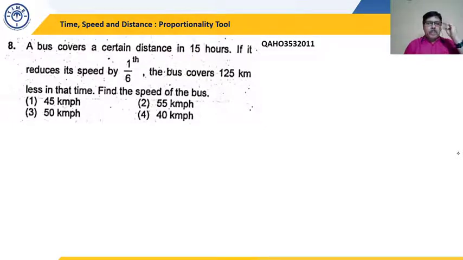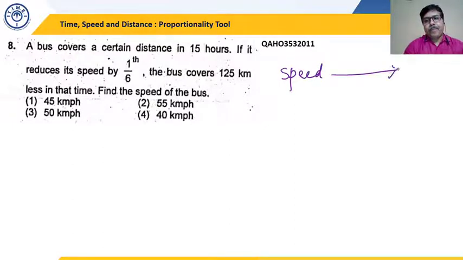The speed is reduced by 1 by 6. Can I say if speed is decreased by 1 by 6, the distance is also decreased by 1 by 6? Why?